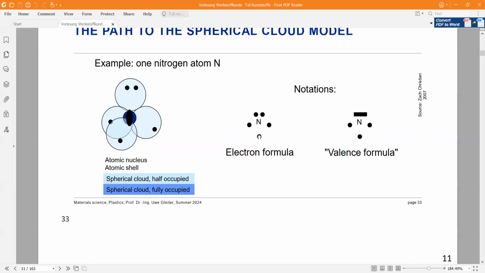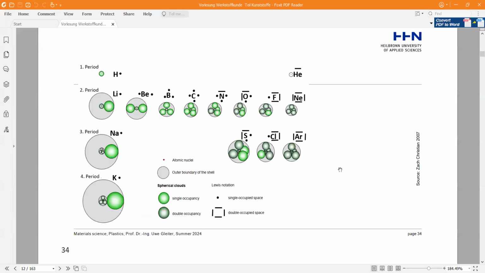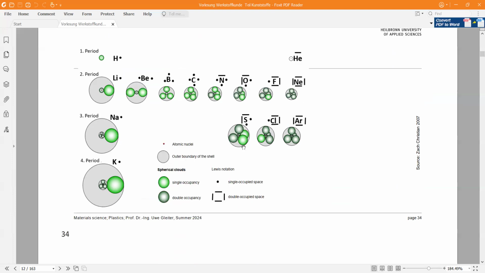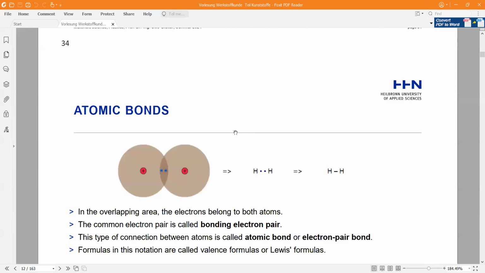Some additions: loads and valence formulas. Here we have a scheme of different periods and occupancy.